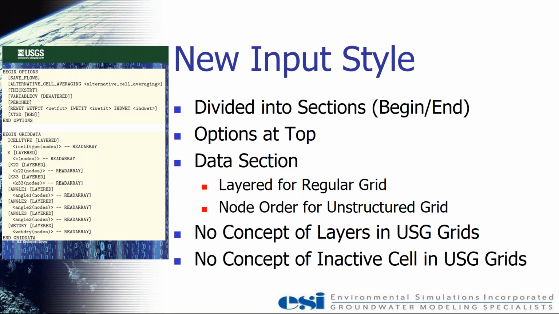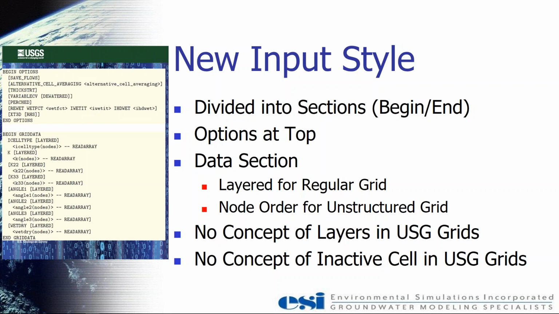Now, there's two things that took me a little getting used to in MODFLOW6, and that is, for the unstructured grid format, there is no concept of layers, and there is no concept of an inactive cell. So this makes the files a little more difficult to read if you're used to editing the files yourself.